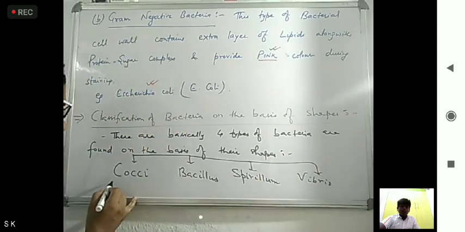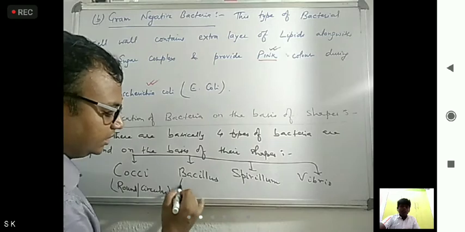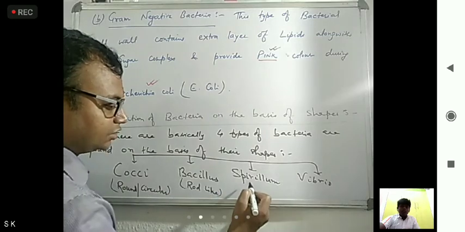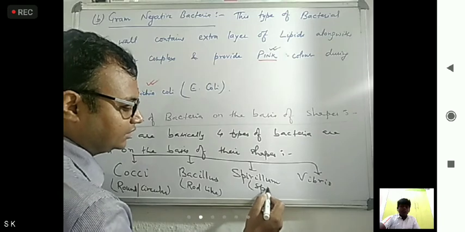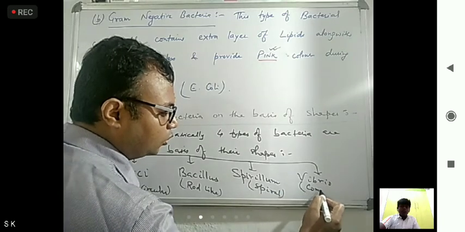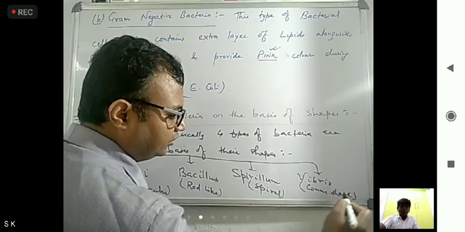Okay, cocci means round or circular. Bacillus means they are rod like. Spirillum means they are spiral, and vibrio means they are comma shaped. Full stop and comma you know.